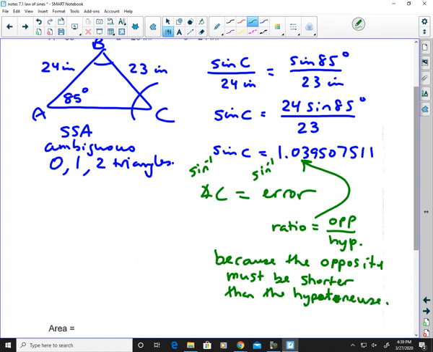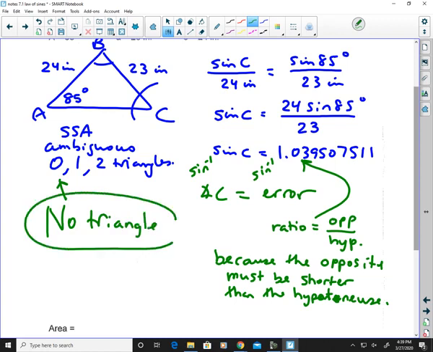So this would be a zero. No triangle can be formed in this manner. If somebody told you to make a triangle with an 85-degree angle and take a ruler and use 24 and 23, in this setup, they would have no triangle. So we are done.